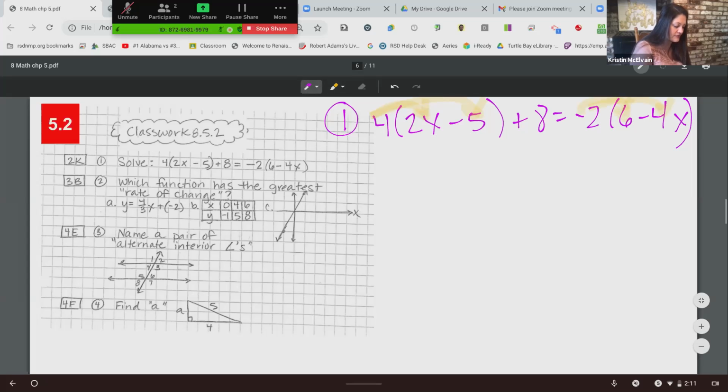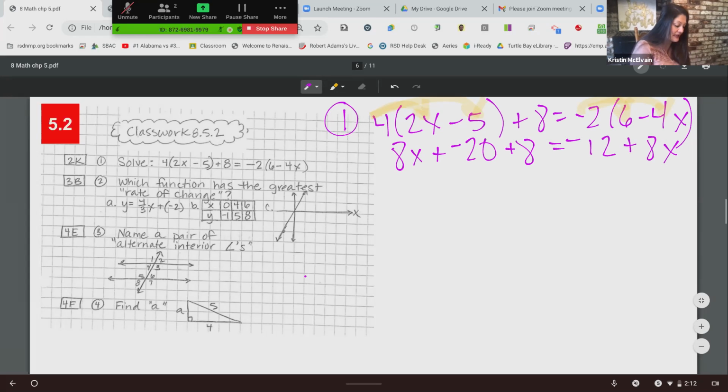All right, so 4 times 2x, whoa, it's going to give us 8x plus a positive times a negative gives us a -20 plus 8 equals -2 times 6 gives us -12. Negative times a negative is going to be a positive 8x.